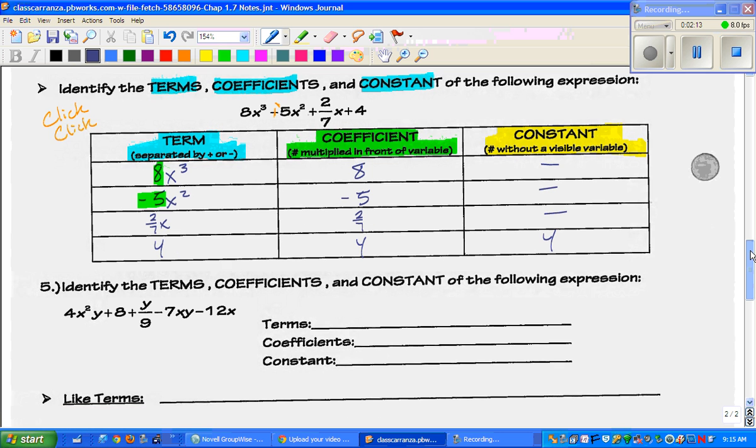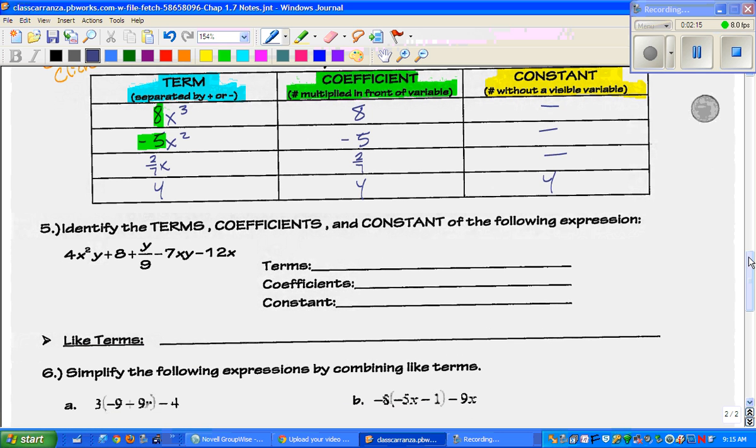All right, let's look at number 5, where it says to identify the terms, coefficients, and constant in the following expression. So we have 4x squared y plus 8 plus y over 9 minus 7xy minus 12x. If you want to go through and do your click so you can see which ones are positives and which ones are negatives.